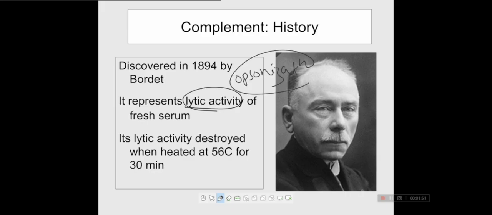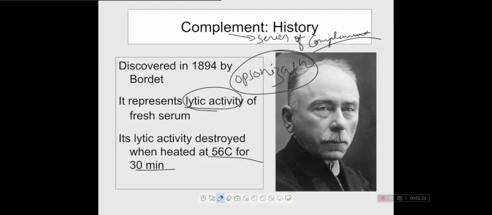In this process, a series of complement proteins will be activated. It represents the lytic activity of serum, and this lytic activity is destroyed when heated at 56 degrees Celsius for 30 minutes.